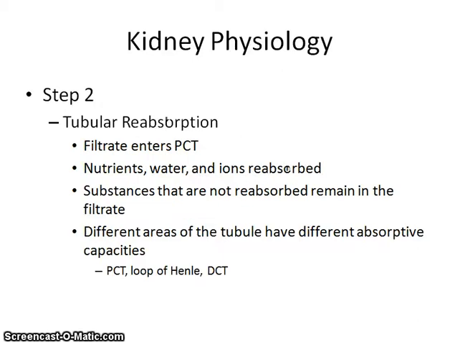The second step is tubular reabsorption. So remember, if you're reabsorbing, that means it's coming back into the body. So the filtrate is entering the proximal convoluted tubule. Nutrients, water, and ions are reabsorbed because your body wants to hang on to that good stuff. And the rest of the filtrate is passed on through.